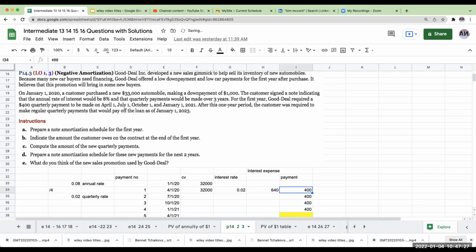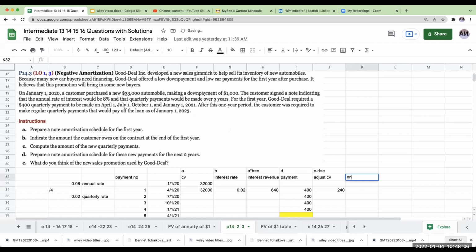However, my payment is not even covering the interest. So my difference over here is basically going to be 240. And this could be my interest revenue, because I'm doing this from the perspective of the dealer.